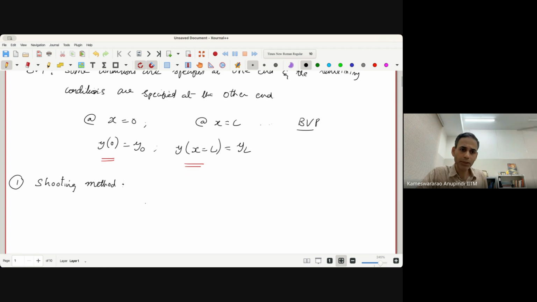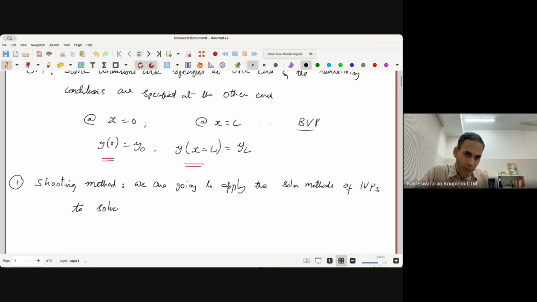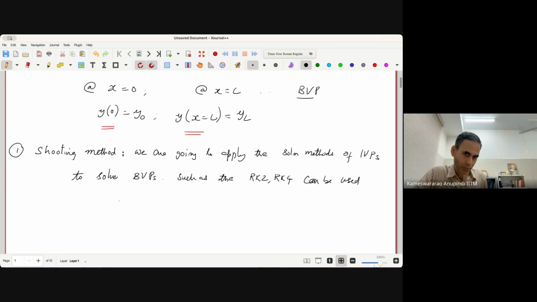In the shooting method, we apply the solution methods of initial value problems, such as RK2, RK4, etc., to solve the boundary value problem.